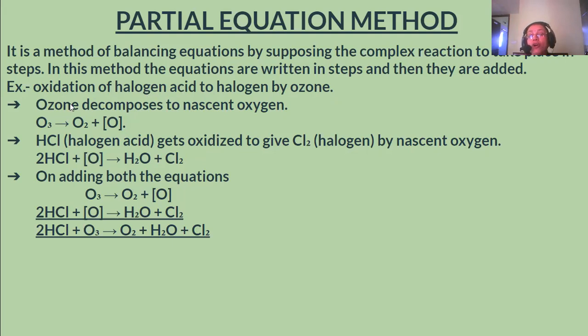Oxidation involves removal of hydrogen or addition of oxygen. Okay, so when an acid is oxidized, that means the hydrogen is removed from the acid, and the non-metal is separated from it. Okay, so the acid gets oxidized.